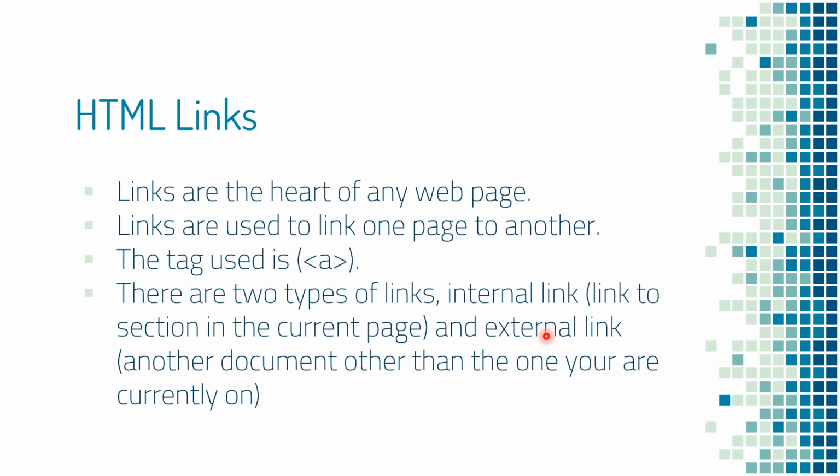The difference between the internal link and the external link is whether the navigation is within the same document or to a different document. If it's within the same document, we call it an internal link. If we are navigating to a different document, we call it an external link.